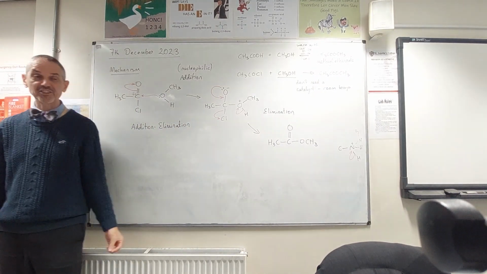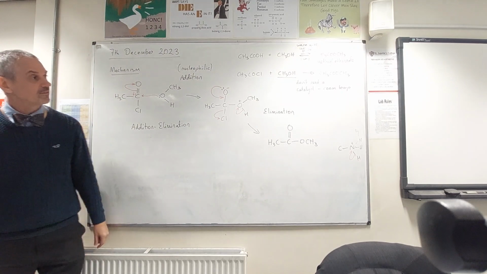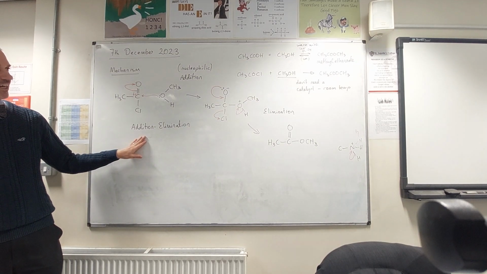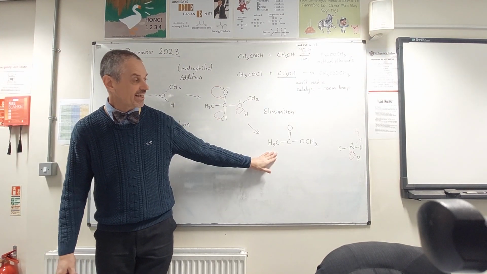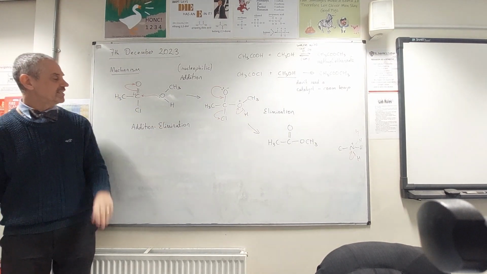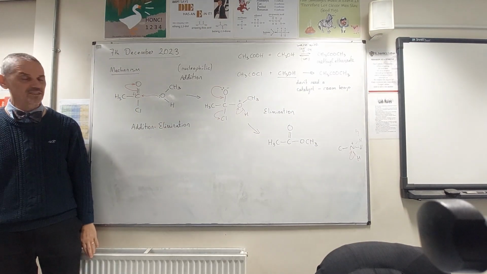You just have to add the two reactants together and the reaction goes. Okay. So that's our addition-elimination reaction to make an ester from an alcohol and the ethanoyl chloride.